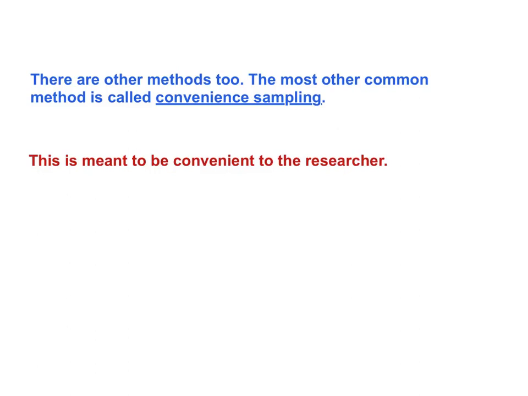Okay. It's usually the least random of all of them. And this is the thing when I talked about bias. Validity comes into question with convenience sampling because of those things. It's usually not an accurate representation of the population.